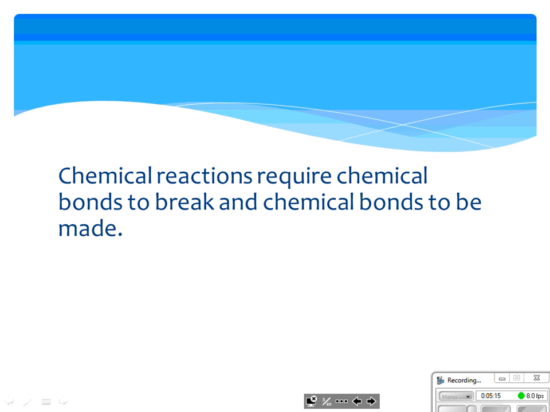Chemical reactions require bonds to break and bonds to be made. So in order for a chemical reaction to occur, we need to break bonds, we need to make bonds. Well, what do we need to break bonds? What do we need to make bonds? We need energy. So the making and the breaking of bonds requires energy.